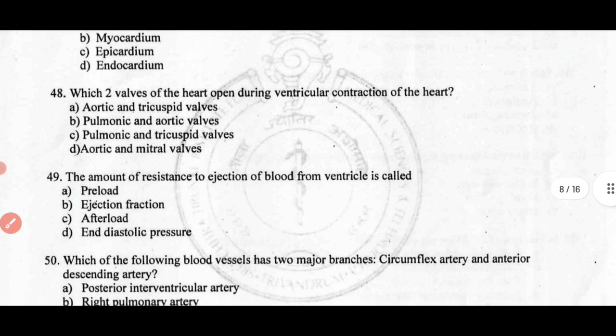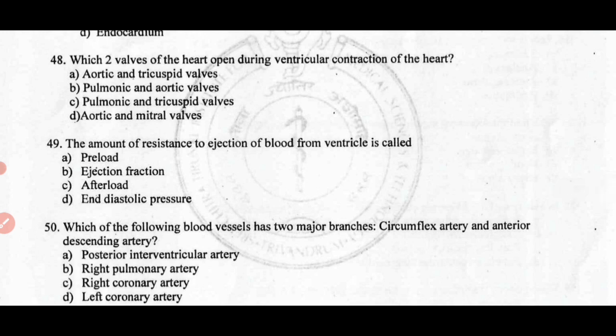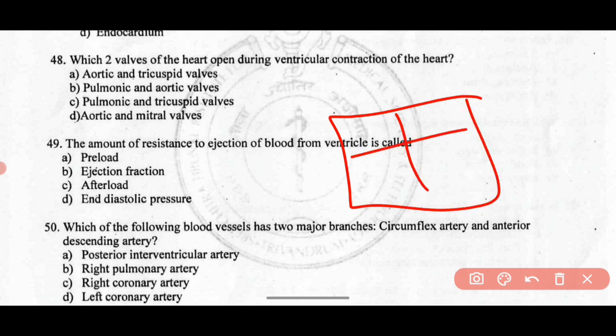The next one is, which two valves of the heart open during the ventricular contraction? See, tricuspid and bicuspid are the ones which open during atrium contraction. So this is the heart.